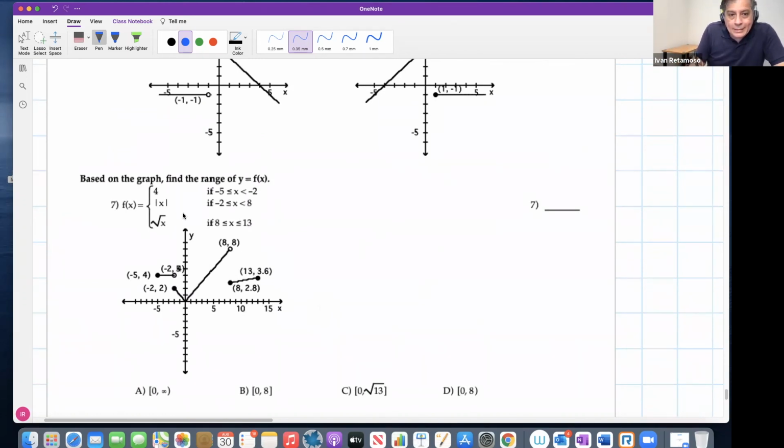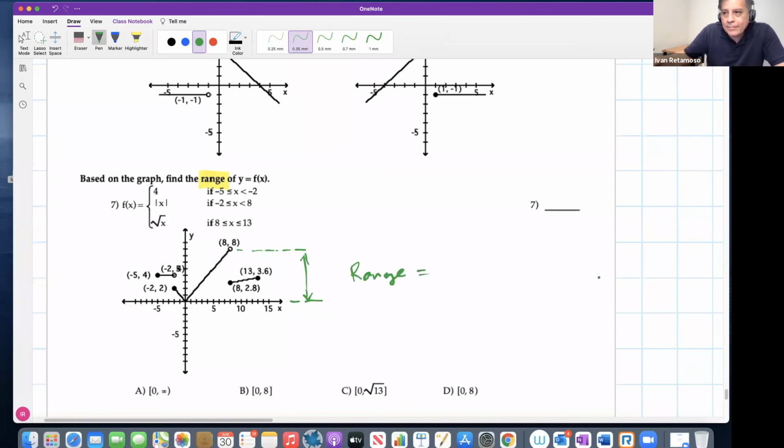Since they are asking for the range, I just pay attention to the highest output value and the lowest output value. Notice the highest output value is here, and the lowest is here. So this should determine the range.